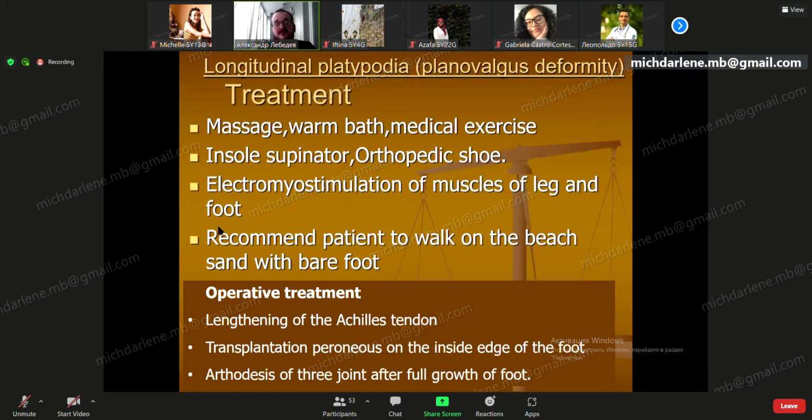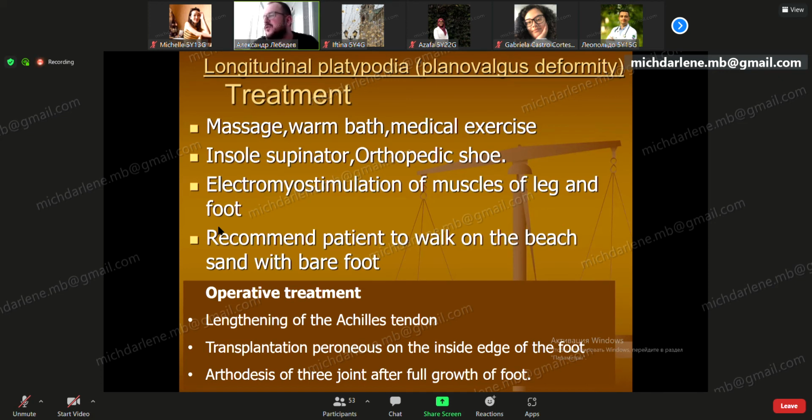Don't forget that if you choose medicine, the pediatric kind of medicine, you must understand that you treat the child and you treat the parents too. That's why you must prescribe the patient massage, warm baths, different kinds of exercises. You must make special insoles and change these insoles every season.